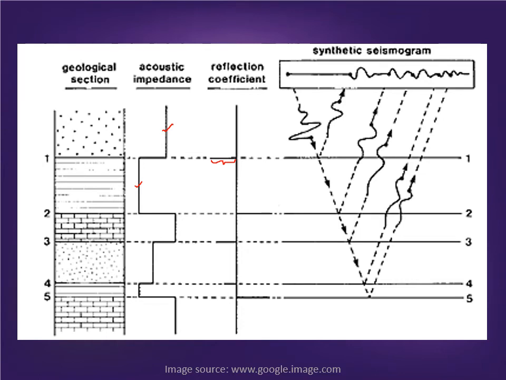High means the difference may be on the positive side or on the negative side, whatever it may be. If the acoustic impedance difference is high, then the reflectivity coefficient will also be high. But when the difference of acoustic impedance between two layers is low, you can see the reflectivity coefficient is also low.